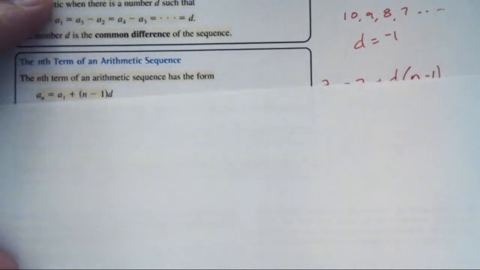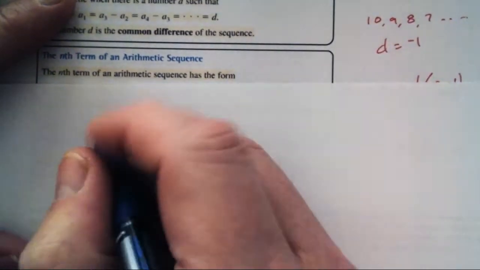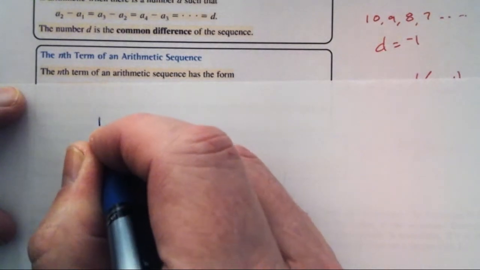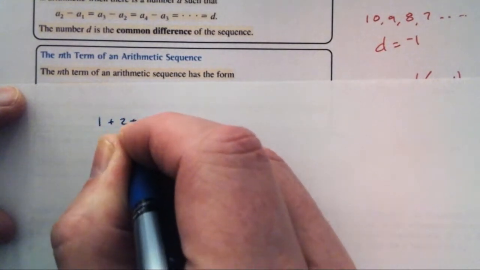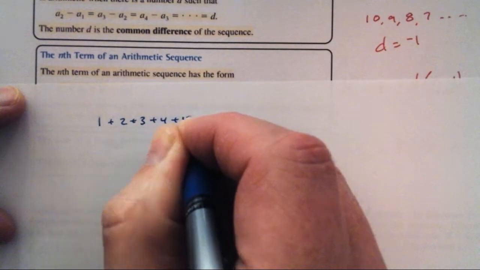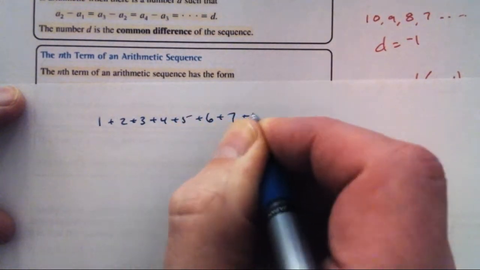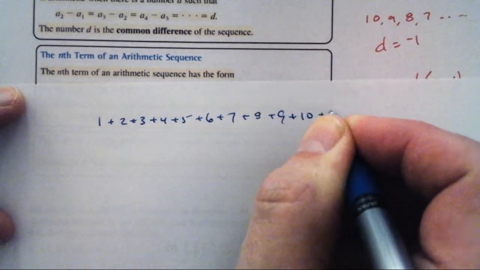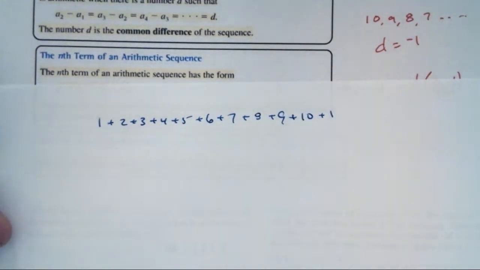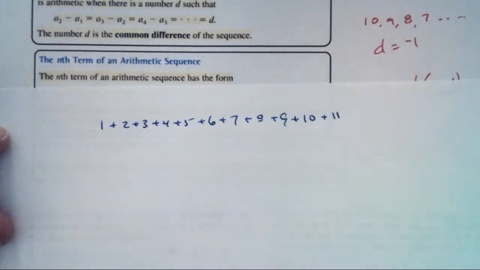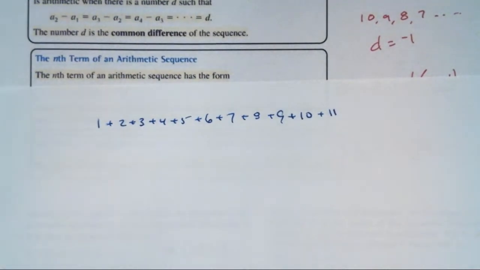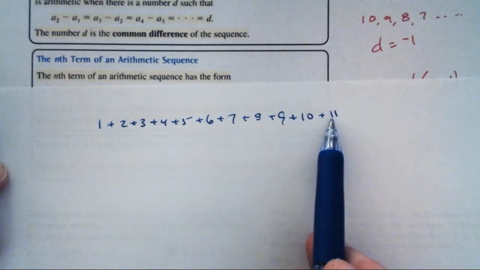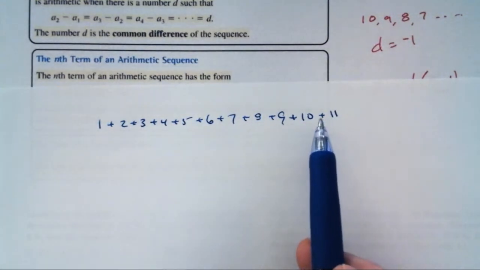Let's say we've got the simplest of arithmetic sequences, perhaps: 1 plus 2 plus 3 plus 4 plus 5 plus 6 plus 7 plus 8 plus 9 plus 10 plus 11. If I was to ask you what the average term is and you weren't alert to this, you may just add all these up and divide by 11. And that's the way we find an average.